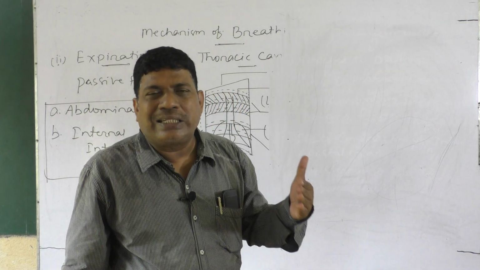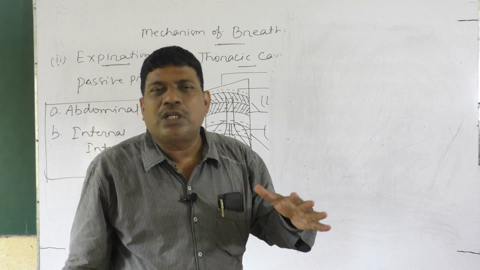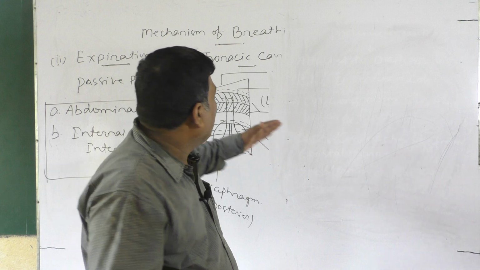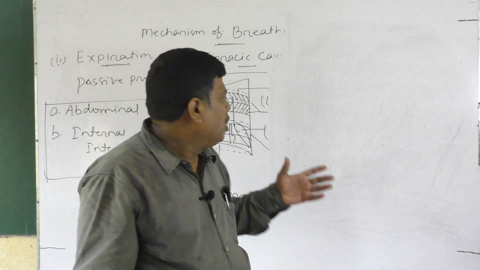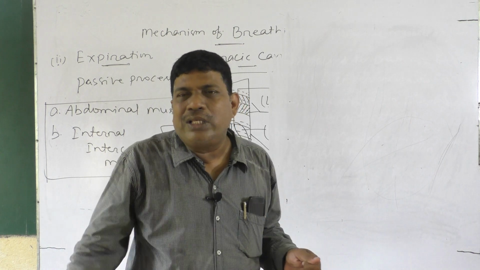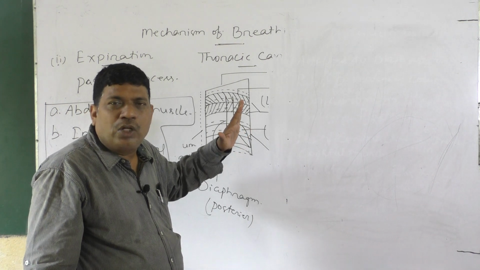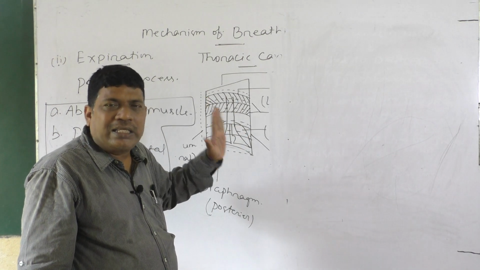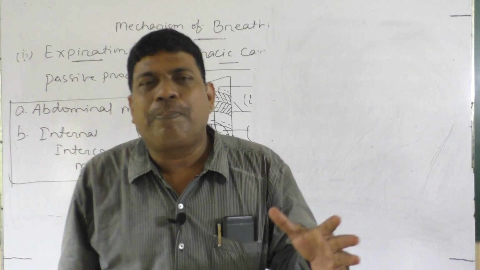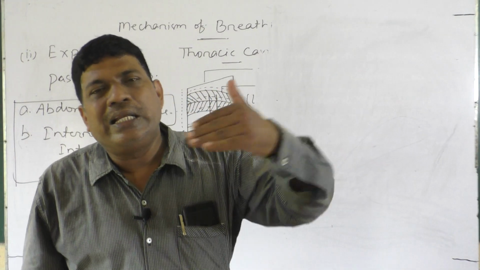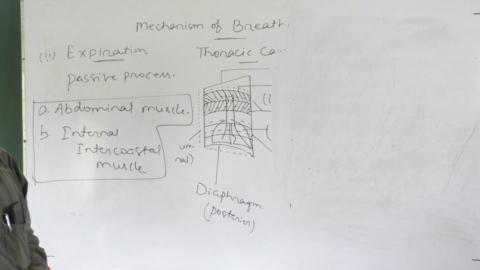जो मसल रो कंट्राक्शन रे थोरासिक कैविटी रो वॉल्यूम बढ़ी थिला, से मसल रो रिलैक्सेशन रे रिब्स, स्टर्नम एंड डायफ्राग्राम come to their original position, so that their volume decreases, pressure increases, and the carbon dioxide, which is at higher partial pressure at the lungs, then is expelled out from the lungs to the atmosphere.